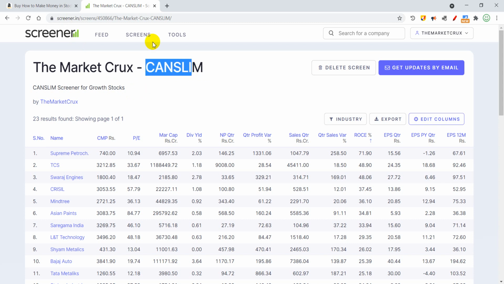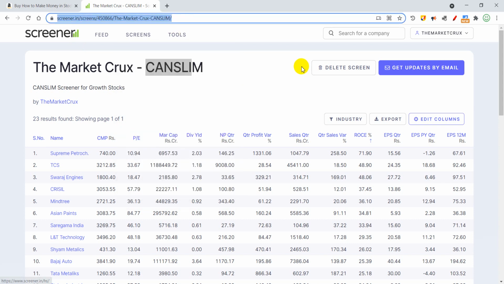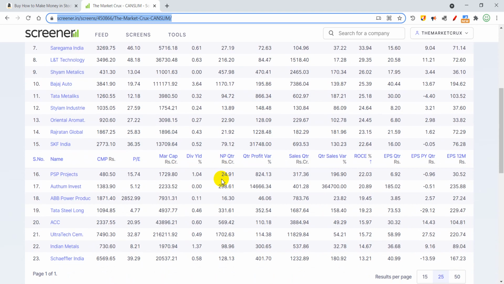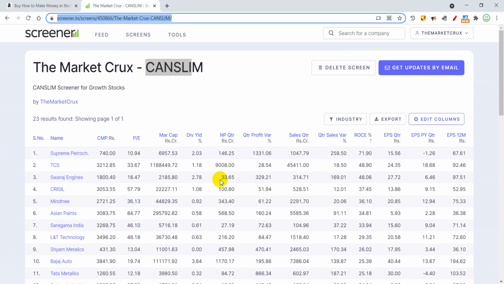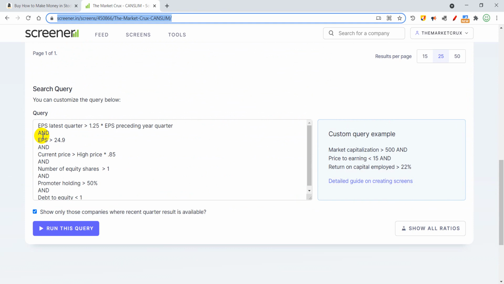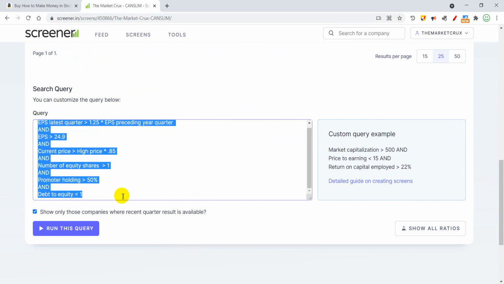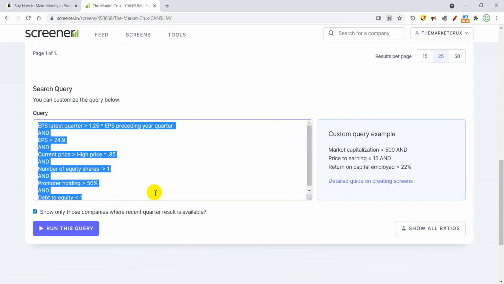I will provide a link to this scanner in the description box so that you can go to the scanner directly and run it. If you look over here, by default it will give you certain stocks. I have put in all the parameters which I was talking about in the presentation, and this is one of the simplest versions of it.